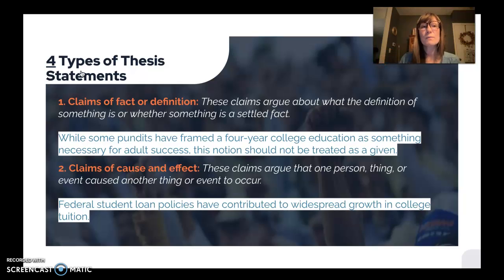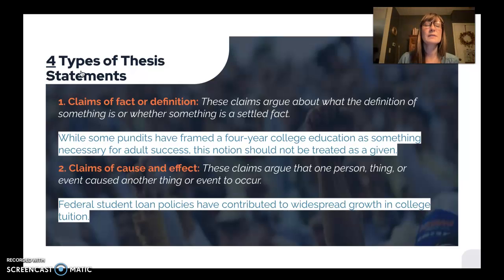Now you can tell from the language of that thesis statement that this speech is going to be about proving that a 4-year college education is absolutely not the only pathway to adult success. Obviously, there are multiple perspectives on that, making it debatable. Definitely a great option out there.